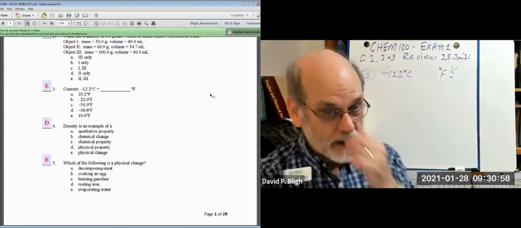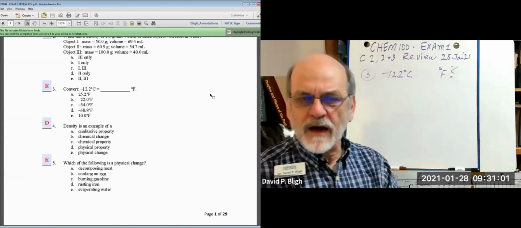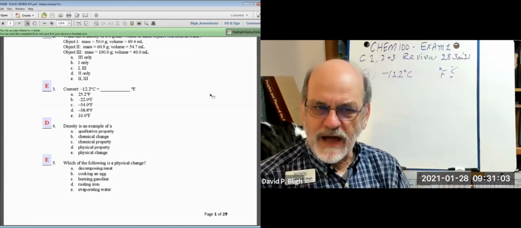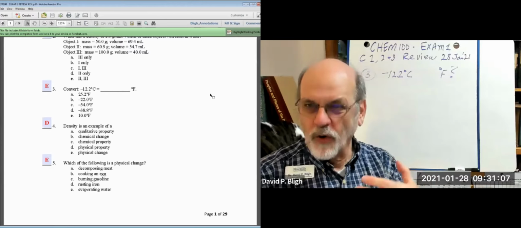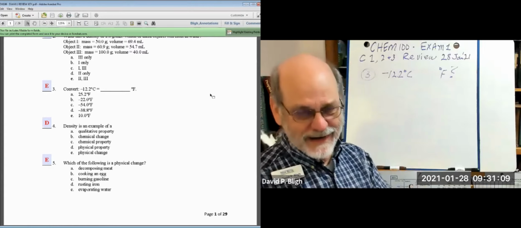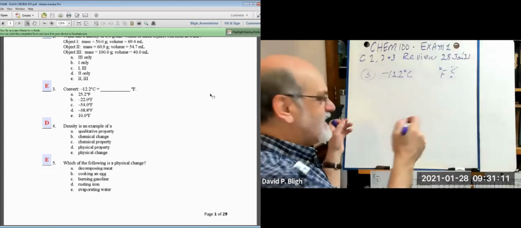There we go. Okay, so we want to find out what's the temperature in degrees Fahrenheit if we know it's degrees centigrade. Well, you need that formula, right? And I have the formula memorized like this.